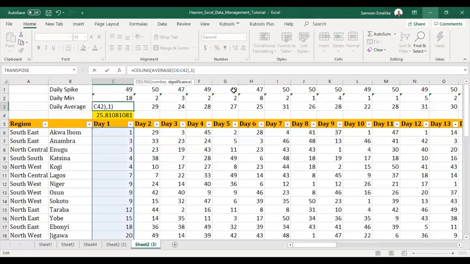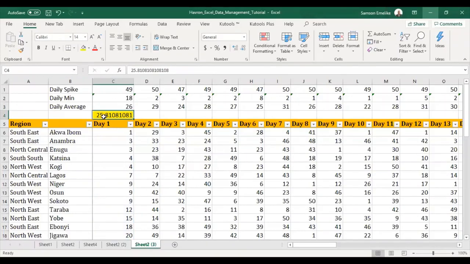Can we see that the original number 25.8 is now 26 because we put 1 here. The reason is this one is up to 5, so you can convert this 8 to 1, adding 1 to here, it becomes 26.